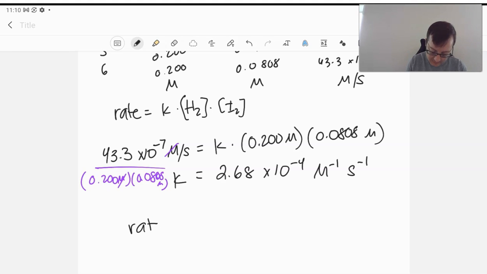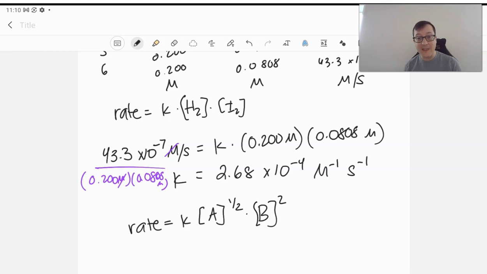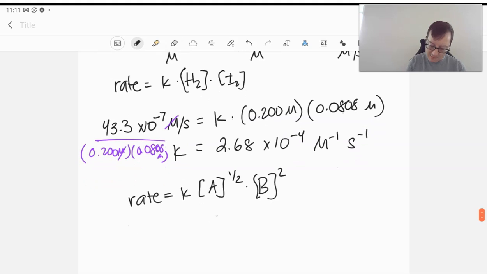rate equals k times A to the 1/2 power times B squared or something. And in that case, our units are going to get really weird, right? We know we're going to have molar to the 1/2 and molar squared. The rate would be molar per second.